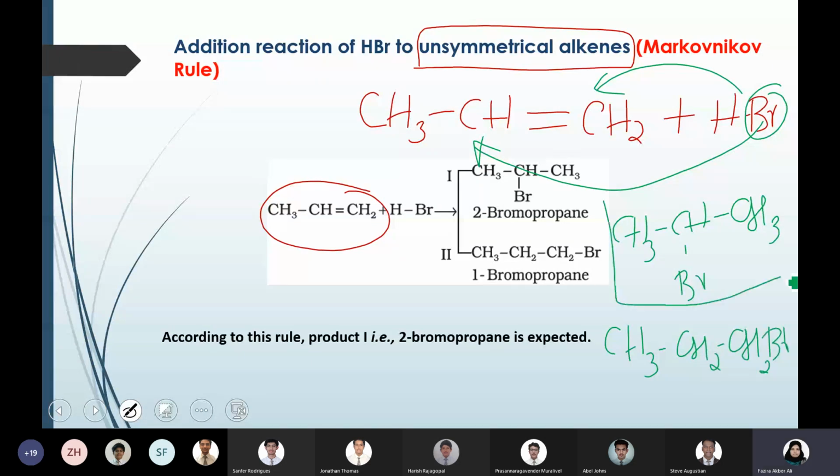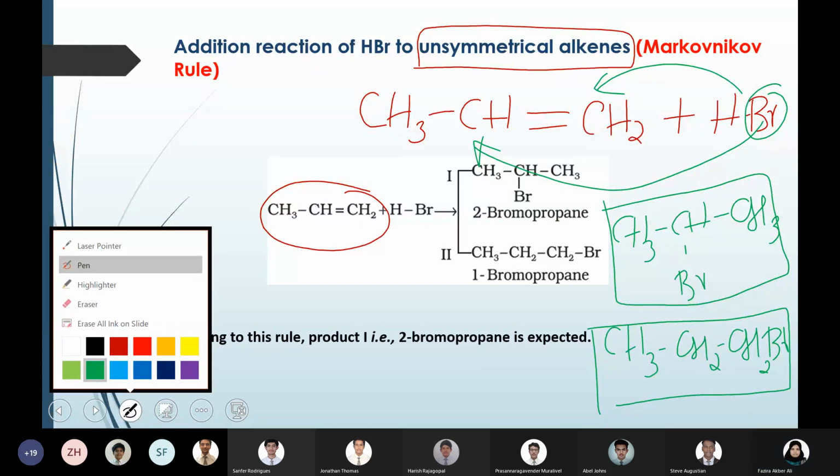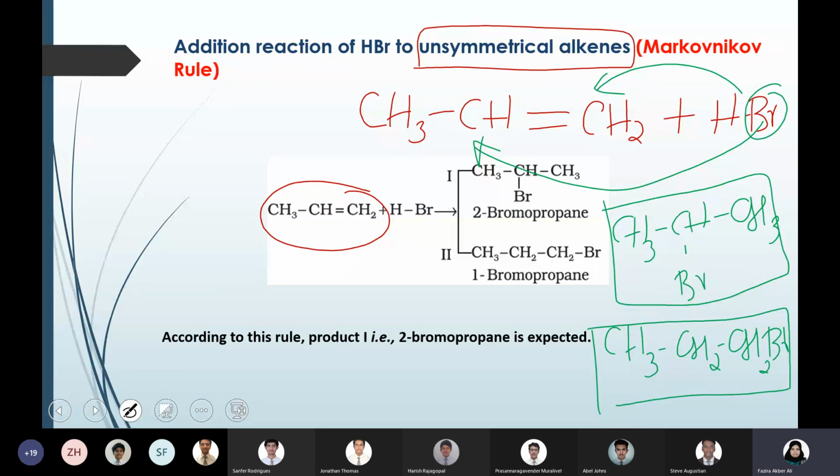So these are the two possibilities, because you can add HBr in two different ways. So you are getting two different products. Are these products identical?